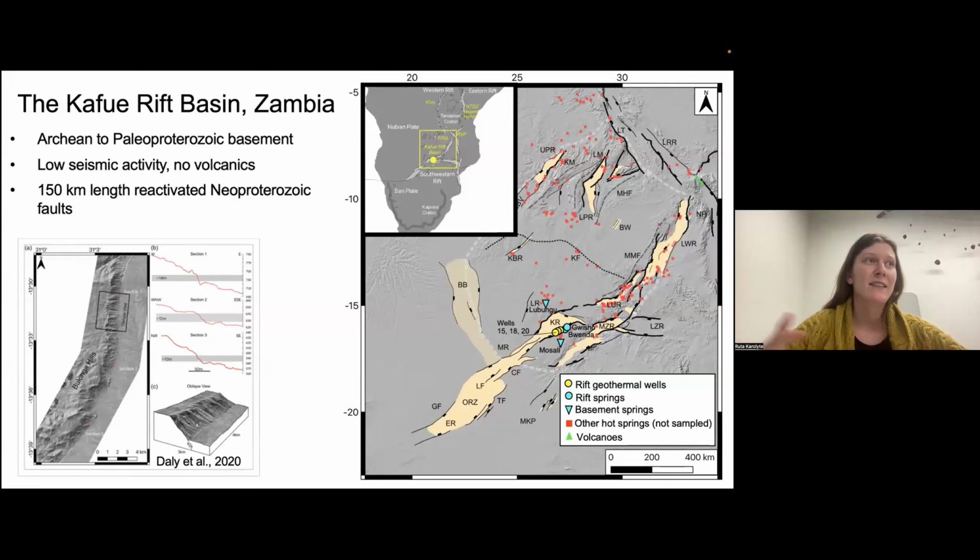But Mike Daly published a paper in 2020, where from various geophysical evidence, they suggested that in fact this southwestern extension from the Tanzanian craton is seismically active, and is an extension of the East African Rift.